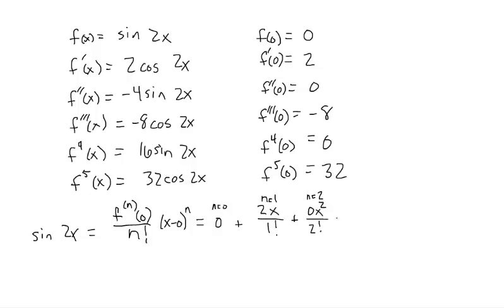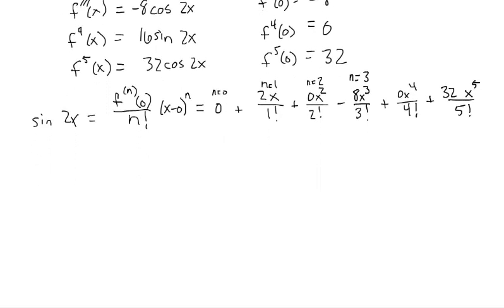And at n is equal to 3, we have a negative 8 x cubed divided by 3 factorial, and that's when n is equal to 3. And then n is equal to 4 would be 0 x to the fourth over 4 factorial. And then we have plus 32 x to the fifth over 5 factorial when n is equal to 5.